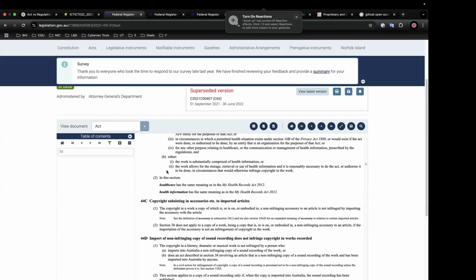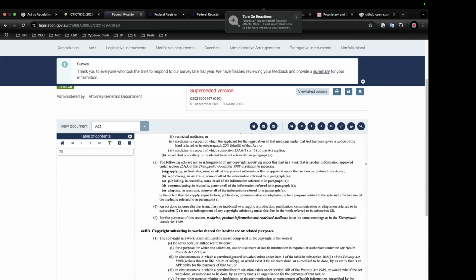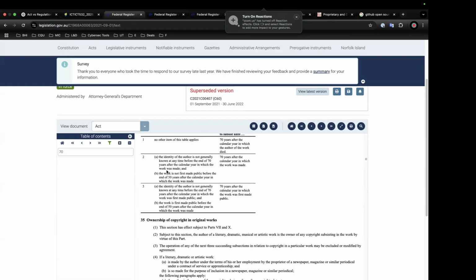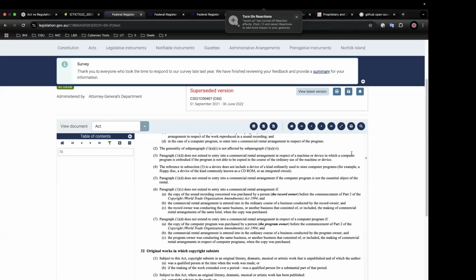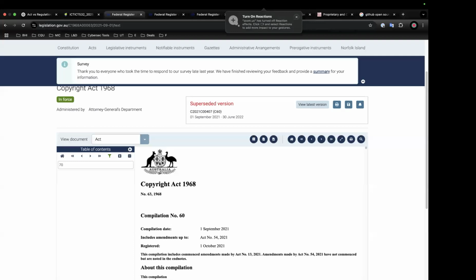Anything else that you'd include in the copyright legislation? What it's applied for and how it's enforced if there's a breach. Yeah, definitely what happens if there's a breach, like infringements. They should talk about remedies such as damages for infringements.